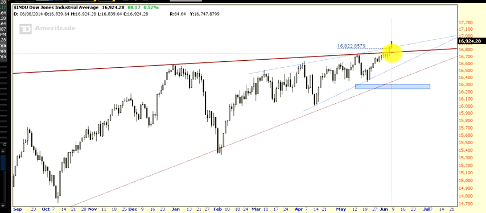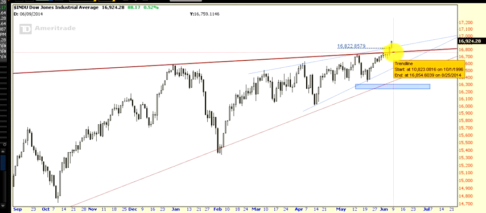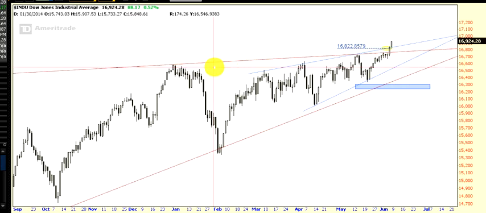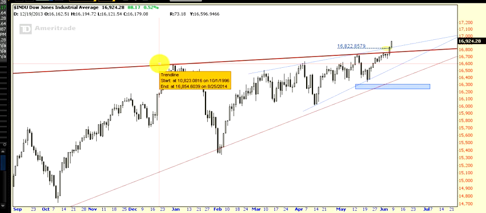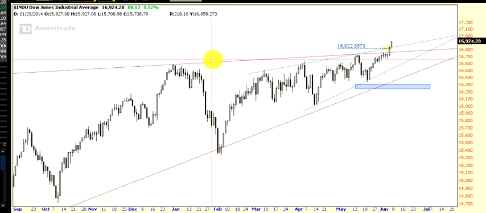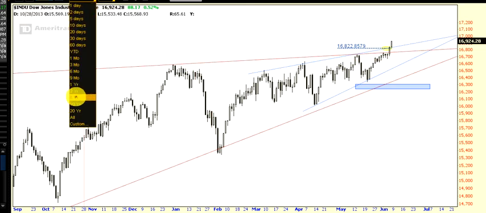And now this trend line here goes back to the year 2000. If you connect the 2000 highs and the 2007 highs, this is the trend line you get going way back, and I can show you that real quick.